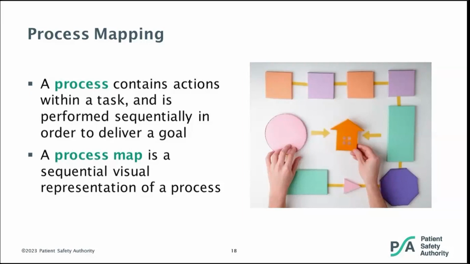This helps provide a visual representation of not only what happened, but also identify any deviations that may have occurred. This can be done by using Post-it notes on a board or a flip chart, using a swim lane diagram, or electronically with programs such as Visio.